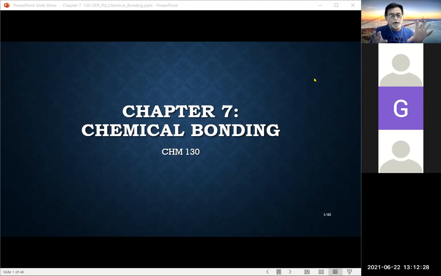We talked about metals and nonmetals, and I stated metals want to lose electrons. We also talked about nonmetals that want to gain electrons. The driving force is to get 8 valence electrons around the valence shell, the outermost shell. Now, when that happens, either losing or gaining electrons, we make ions, okay? And these ions will have either a positive charge or a negative charge.